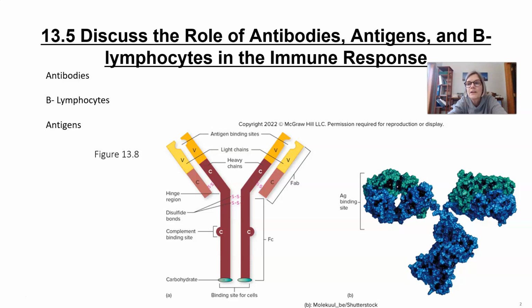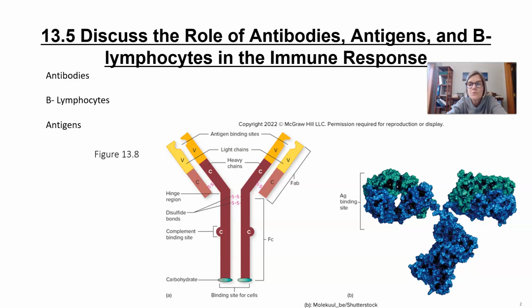You think about white blood cells as being those cells that defend the body against pathogens. A subset of those white blood cells are called lymphocytes. So antibodies are produced by a specific kind of lymphocyte called B lymphocytes. You might also hear them called B cells. So B cells or B lymphocytes produce antibodies.